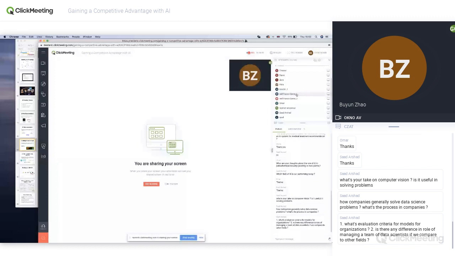Let me try to anticipate a little bit what we're being asked about here. Evaluation criteria for models for organization. There's a bunch of metrics that tell you how well the model is predicting stuff, but that's just a means to an end. Eventually, you get some business metrics like revenue per customer, churn, number of new customers, retention of employees.